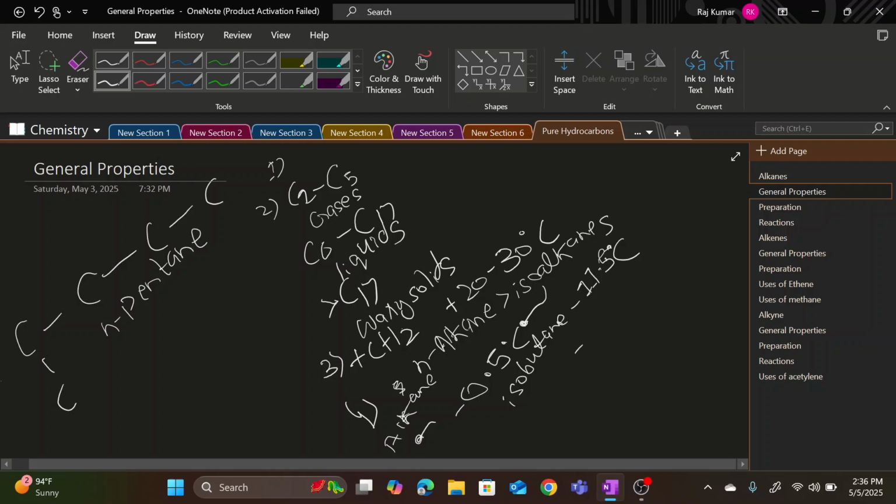And comparatively, I'm taking an isopentane.